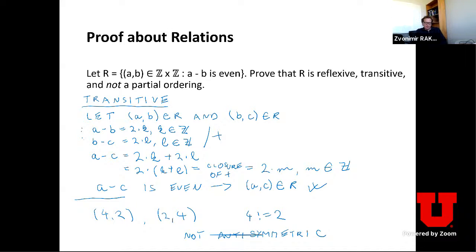So the fact that we show that it's not antisymmetric does not necessarily mean that it's symmetric. But it might be. I mean, we can try to prove it. So let's see. Symmetric: if (a, b) is an element of R, then (b, a) is always an element of R. So we can try to prove that it's symmetric.